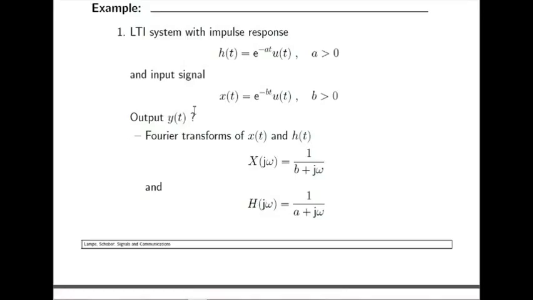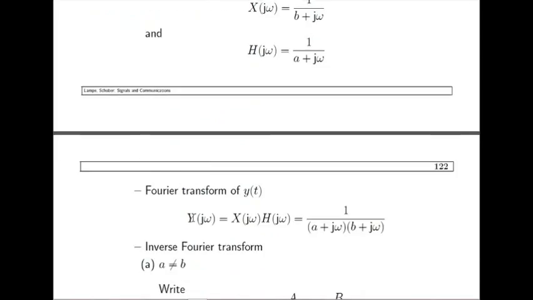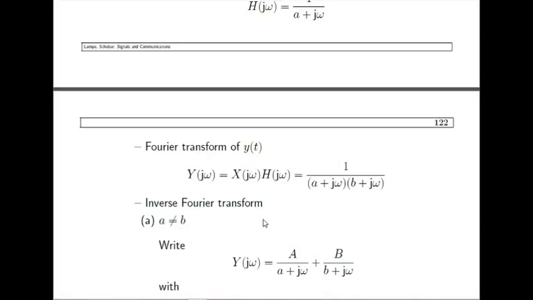We have seen the Fourier transform of this type of function will be this and this respectively. So Y(jω) will be the multiplication of both, and now let's see the inverse Fourier transform for this. First we consider the case when a is not equal to b.